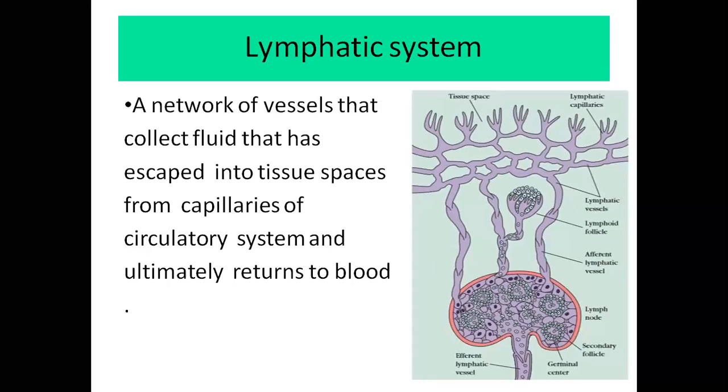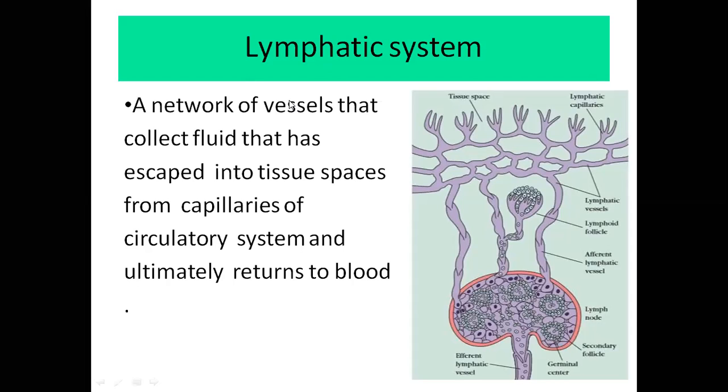Where does this lymphatic fluid flow? It doesn't flow through the veins or the arteries through which the blood flows. It flows through these vessels. This system through which the lymphatic fluid flows is known as the lymphatic system.